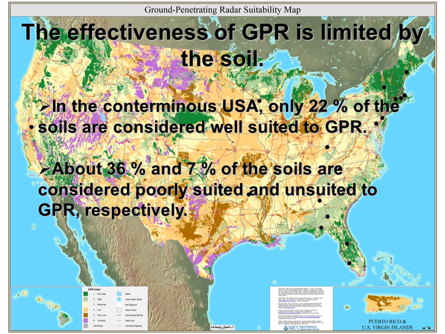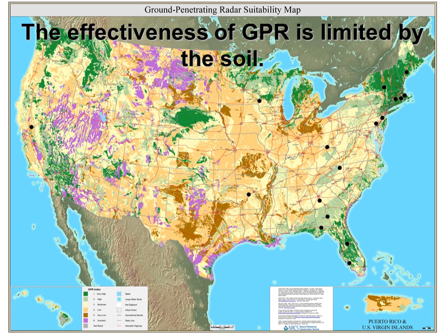The low suitability of these soils is a result of their high clay or soluble salt contents. The dots on this map show the location of NRCS's 17 radar operators. As you can see, there is a preference for areas that are shown in shades of green and have a high potential for the use of ground-penetrating radar.